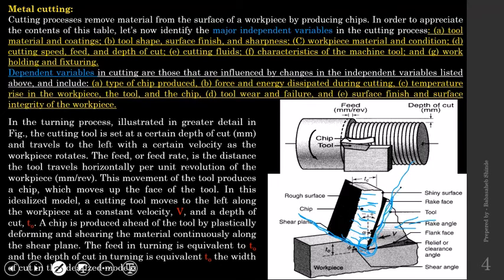This is the cutting tool face along which this material is going to move in this direction. So the plane at which that shearing takes place is called the shearing plane, and the inclination of that plane with the direction of motion is denoted by angle phi, and it is called the shear angle.